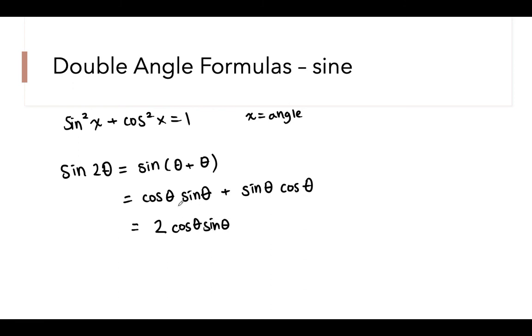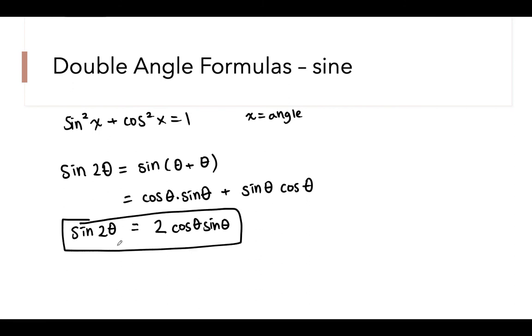Cosine and sine can interchange because it's multiplication. So you have 2 cosine theta times sine theta. This is the double angle formula for sine 2 theta. Double angle means there's double, 2 of that angle.